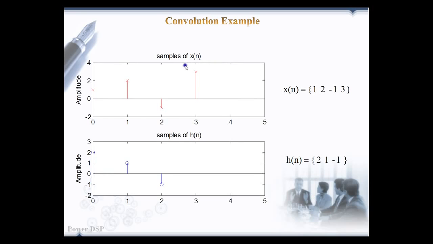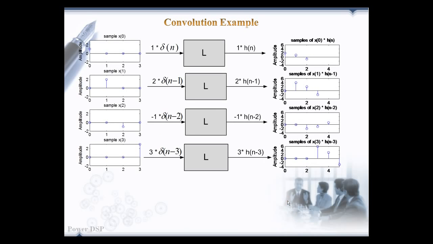Let's take an input x of n as 4 samples: 1, 2, minus 1 and 3. Impulse response with 3 samples: 2, 1 and minus 1. We need to find the output for this input x of n. Next, what we are going to do here is to send only one sample at a time instead of all the samples.